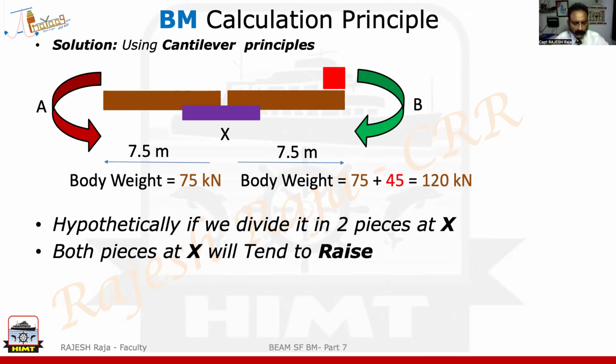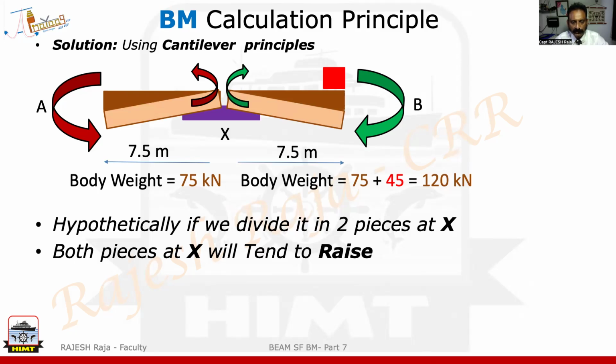Okay. So what does it mean as a free body diagram? When two forces at the ends are trying to push you down, you will feel as if the beam at X will tend to lift here, and the right side beam at X again will tend to lift here. This is what will happen. These are both of them in the middle. What I've shown you are called actions.